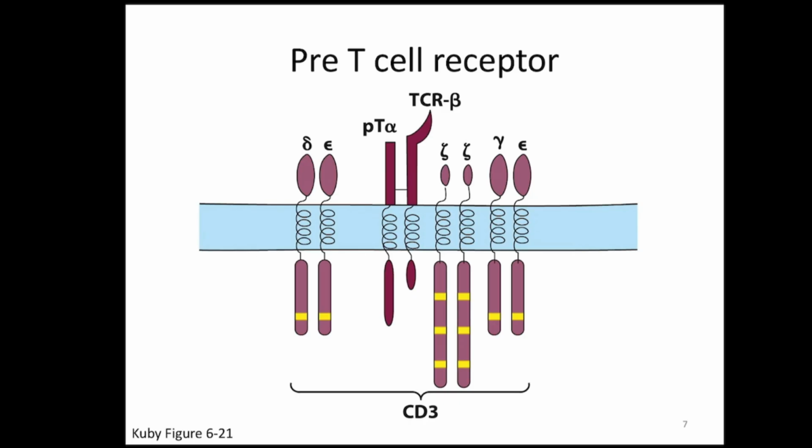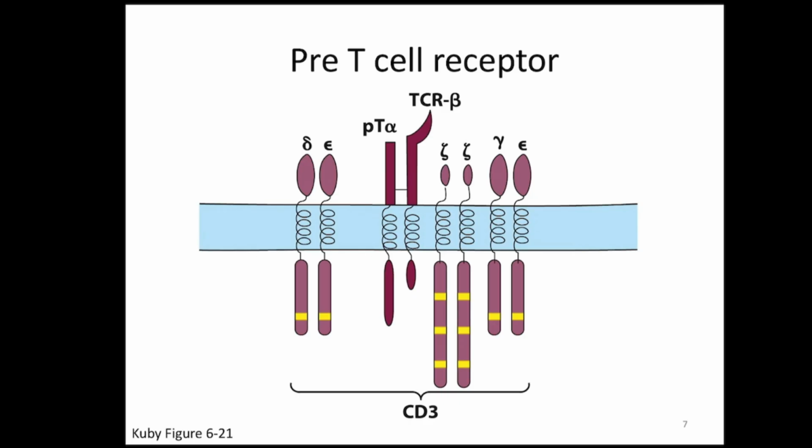DN means double negative, negative for CD4, negative for CD8. But this cell does have the CD3 chains at this point on its surface to allow for signaling through the beta chain and to allow the cell to get its pat on the head to say, you made a good heavy chain. Good job. Jazz, did you have a question?